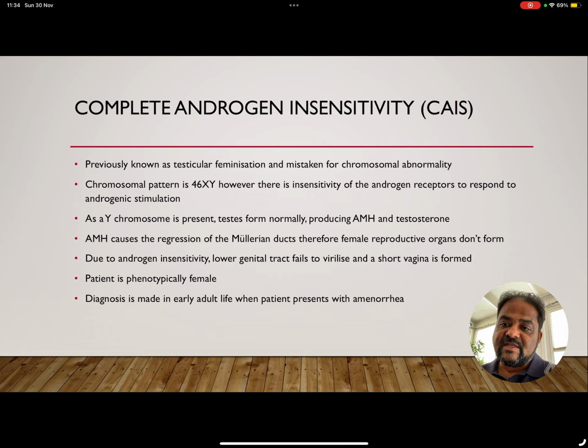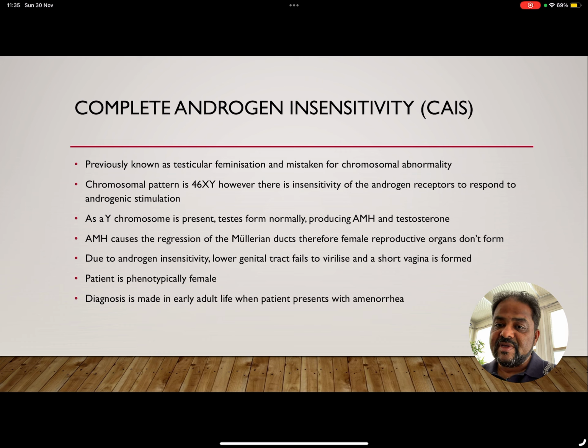Because of the anti-Mullerian hormone, there is regression of the Mullerian duct system, therefore female reproductive organs don't form. But due to the androgen insensitivity, the lower genital tract fails to virilize and a short vagina is formed. The patient is phenotypically female, and diagnosis is made in early adult life when the patient presents with amenorrhea.